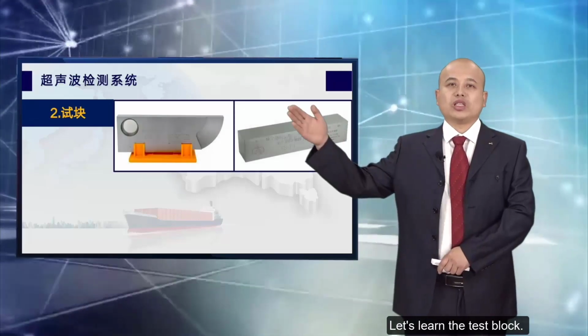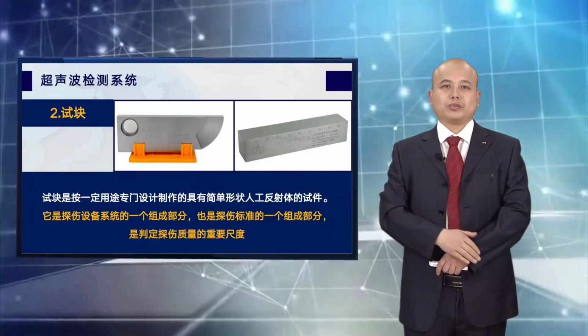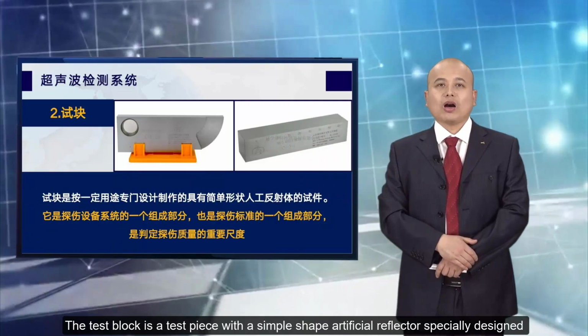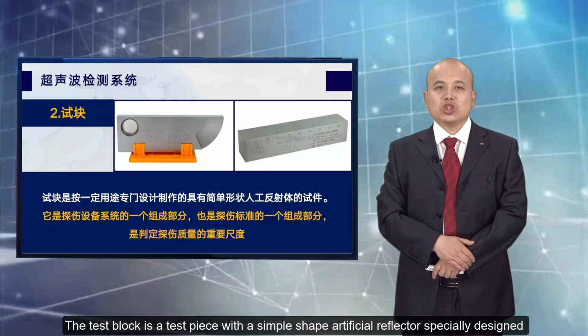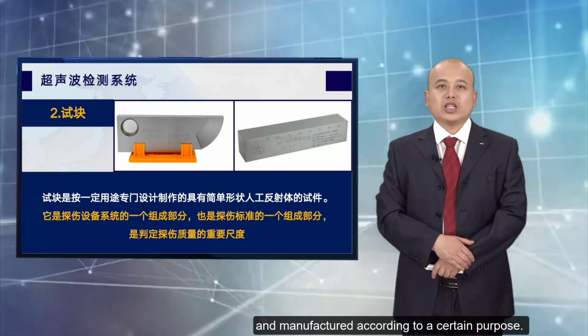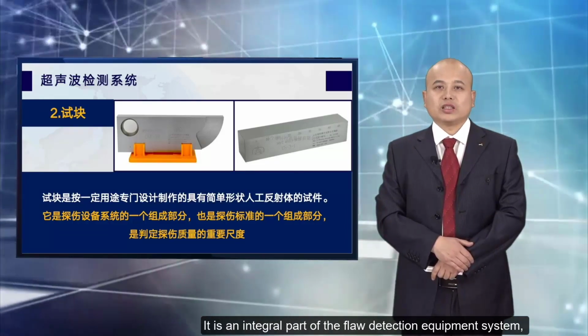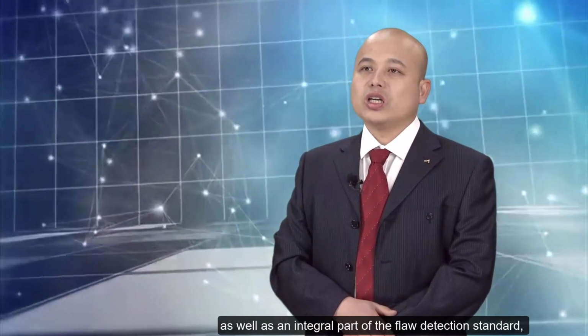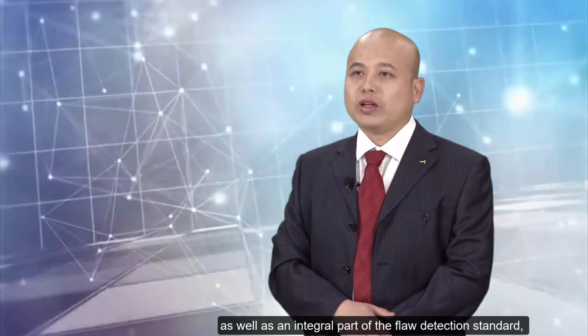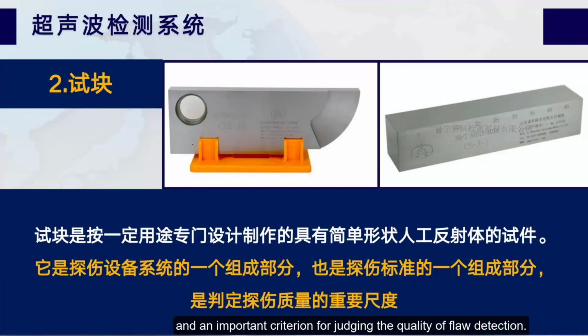Let's learn the test block. The test block is a test piece with a simple shape artificial reflector specially designed and manufactured according to a certain purpose. It is an integral part of the flaw detection equipment system, as well as an integral part of the flaw detection standard, and an important criterion for judging the quality of flaw detection.